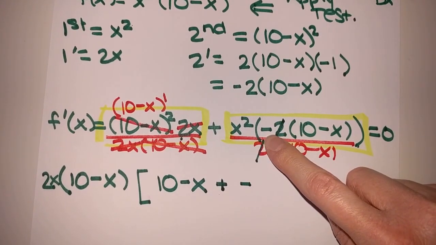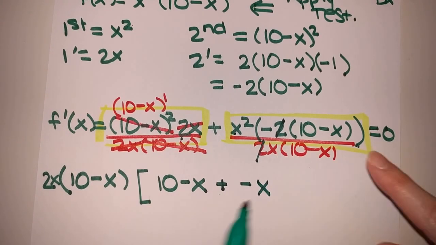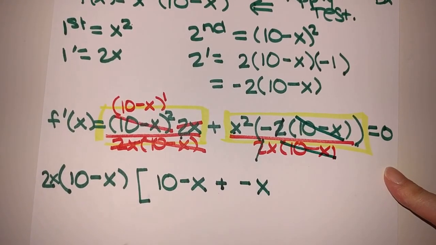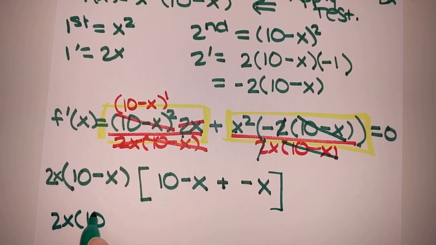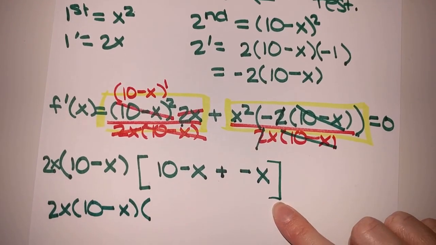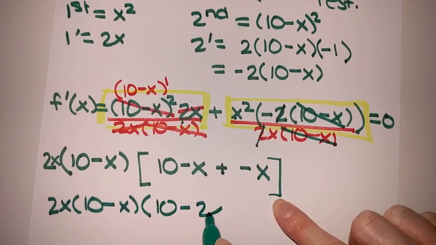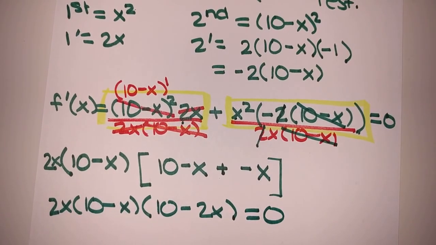The x squared over x just leaves us with an x, and then the 10 minus x cancels out. So we're looking at 2x times 10 minus x, and then inside this bracket, when we simplify, we get 10 minus 2x. And that is our first derivative that we're setting equal to 0.